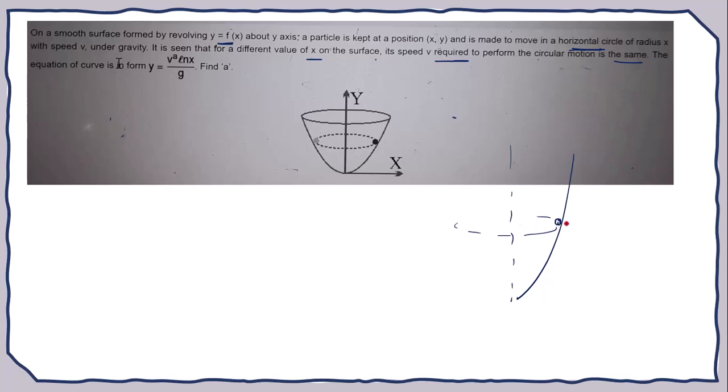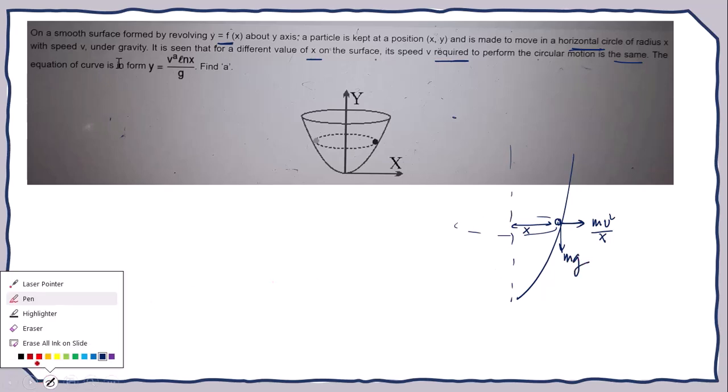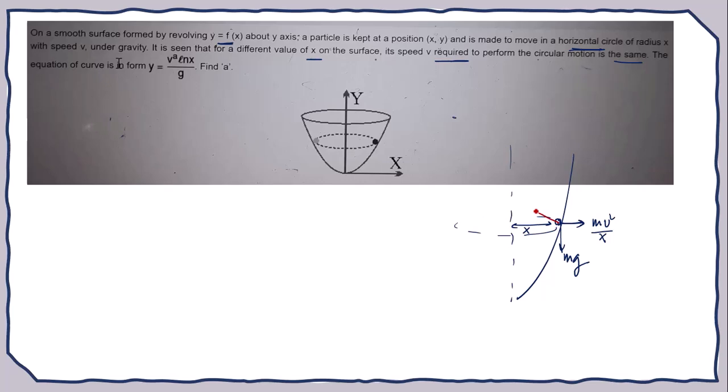So can I say that at this particular point, the radial force, that is centrifugal force, will be m into v square by x. What is x? X is the coordinate, this coordinate. Okay. And mg is acting downward. Let us say at that point, this is the normal on this surface. And if I draw the tangent at this point, let us say this is the theta angle subtended by the tangent.